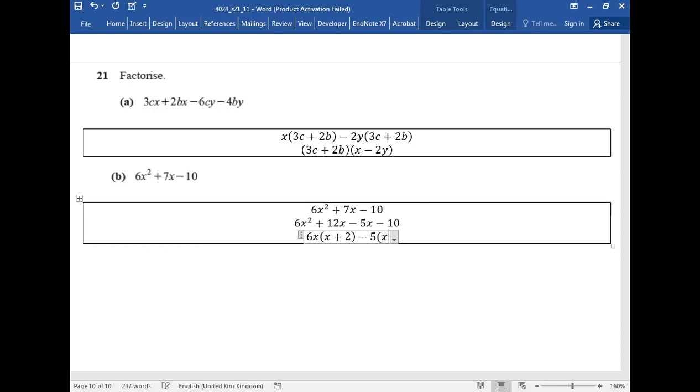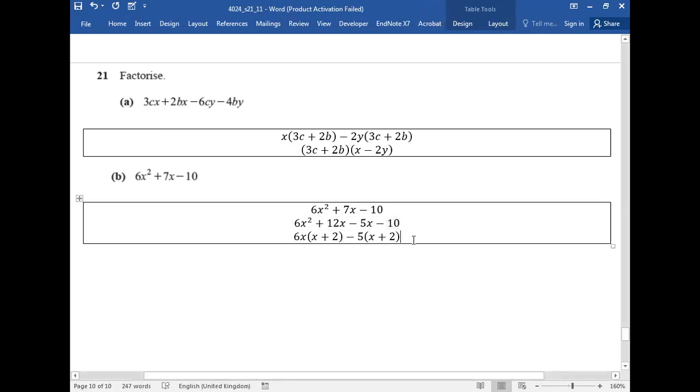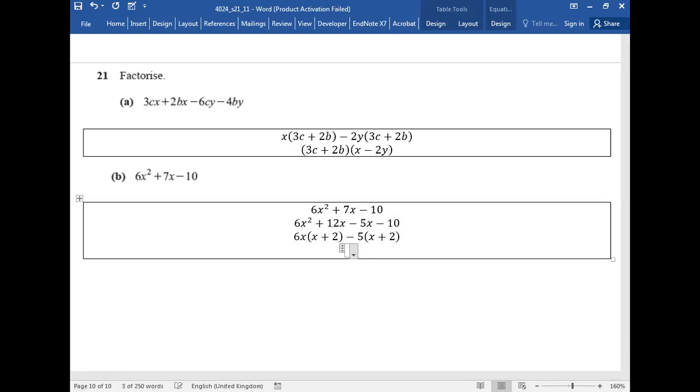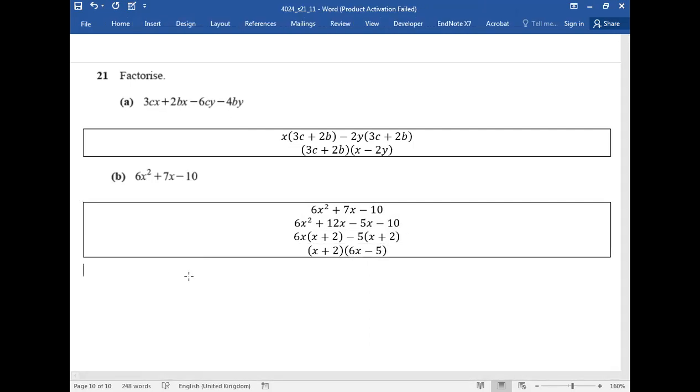Minus 5 plus 2. Why did we get plus 2 from minus 10? Very good. If you're taking minus 5 common, you take minus 10 and you divide it by minus 5. Whatever you take common, you divide every term by it, so that when you expand you get the same thing. X plus 2 is one bracket and the other one is 6x minus 5. Is this clear, class?